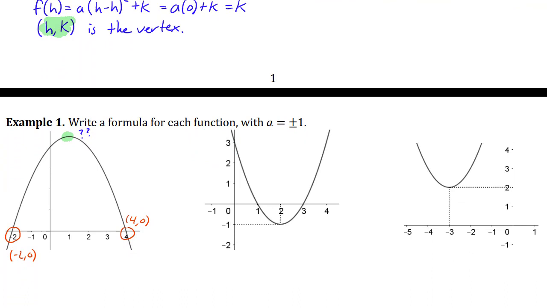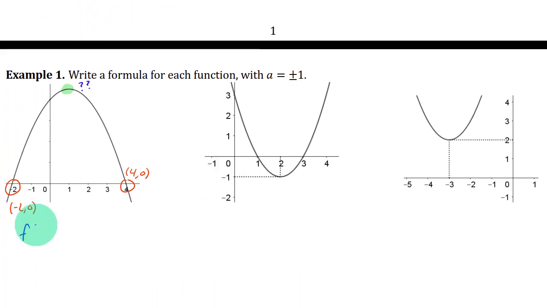We're going to write it as f(x) = a times (x minus -2), because -2 is a value of x that makes that equal to 0, times (x minus 4), the other part. So the x minus -2 you can just write as x plus 2, of course.